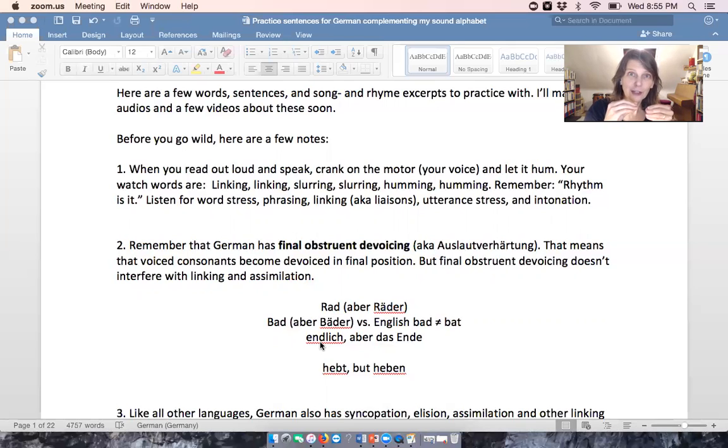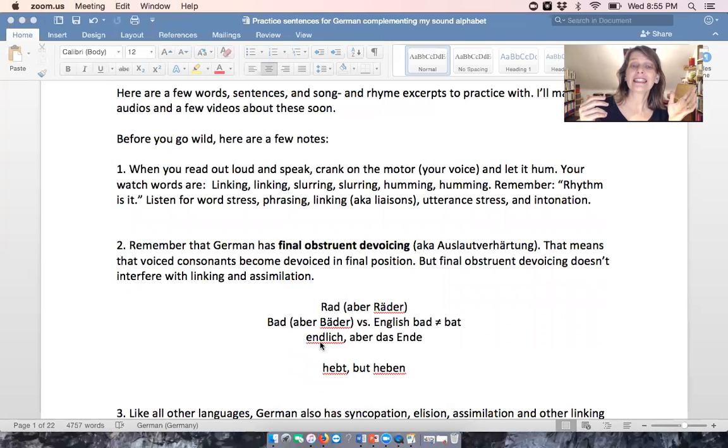So you stop the airflow, but then you release it into the L. So we have a double whammy here. We have a double problem. We have final obstruent devoicing, and then we swallow up the third phase of the plosive. A plosive is a sound where we stop the airflow and then release it. So it has three phases: a closing phase, a closed phase, and an opening phase.